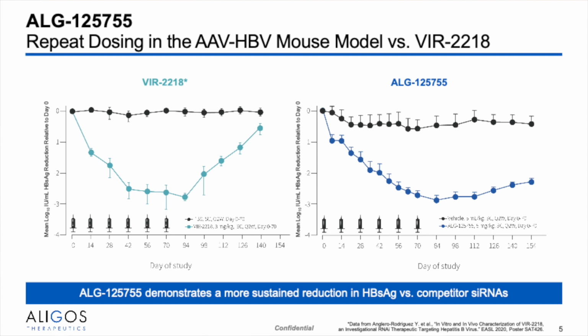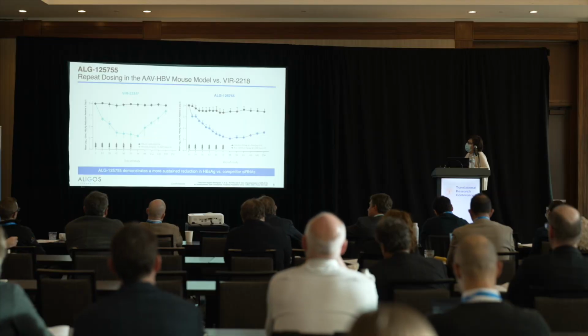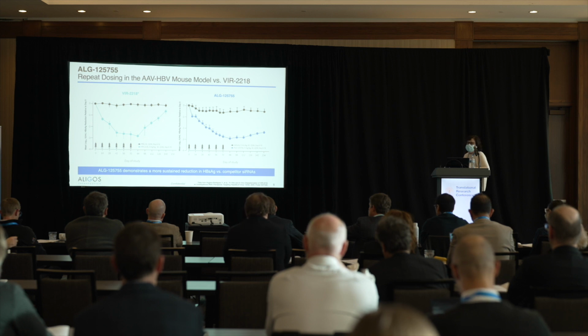Once you stop treating with the siRNA, we see that levels go back to virtual baseline values. With our 755 siRNA in the same model, we have a much more sustained response, and even after discontinuation, you still continue to see decreased S antigen levels.